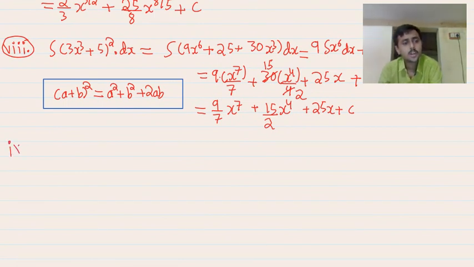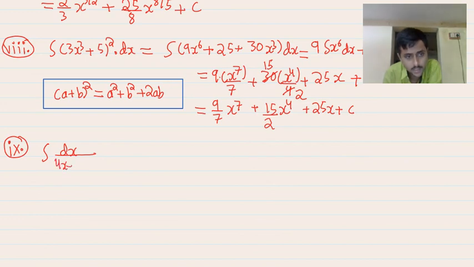Now let's talk about the next question, question number 9. The question says integration of dx with respect to (4x plus 3) whole squared. So this becomes integration of (4x plus 3) to the power minus 2 dx.